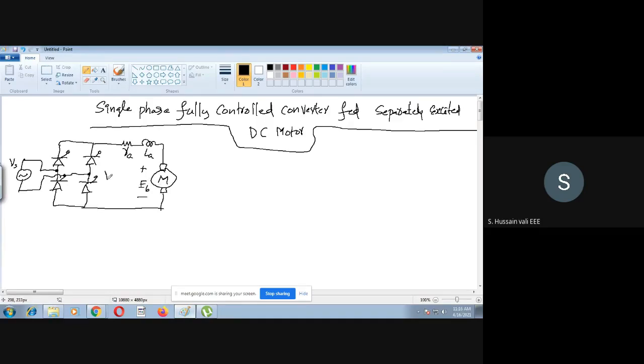Here the voltage is VA. You can say the output voltage of the converter is going as input to the motor armature, and then you have the field winding. As it is separately excited, the voltage to this is coming from a separate source.